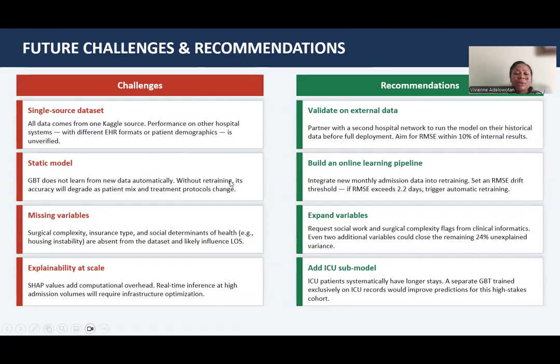And I cannot assume the model will generalize to a hospital with a different patient population or electronic health record system without testing it first. So that external validation step is the most critical recommendation for any organization looking to adopt this model.